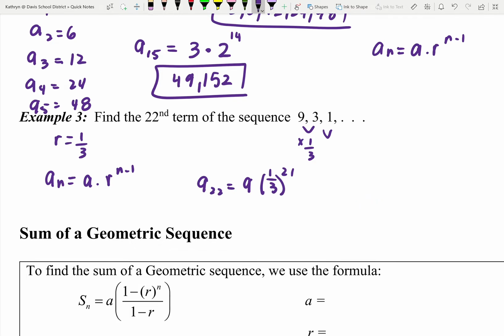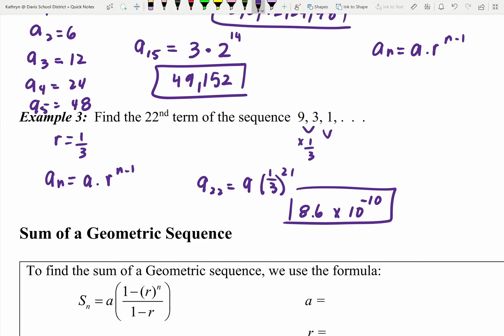Let's do it over. Okay, so everybody go 9 parentheses, 1 divided by 3, close it off, raise it to the 21st, hit enter, and I still get a crazy number. Did we get a crazy number again? Okay, so let me tell you what that means. It's 8.6 times 10 to the negative 10th power. That's how you read that. So it's scientific notation. Why did the calculator put it in scientific notation?